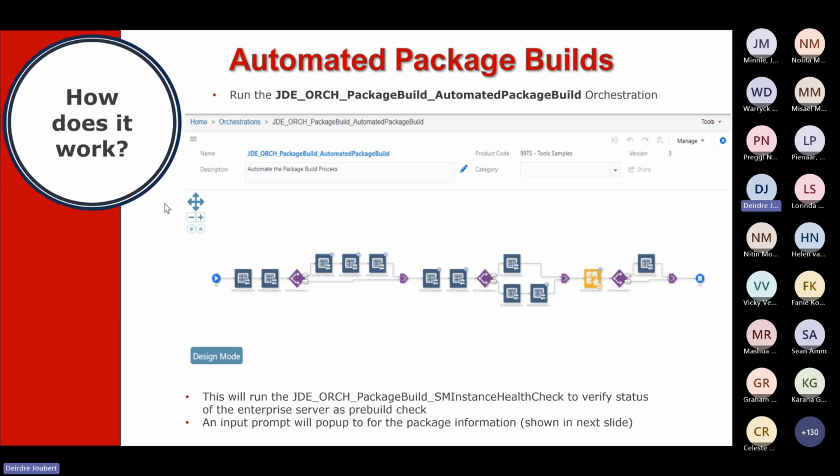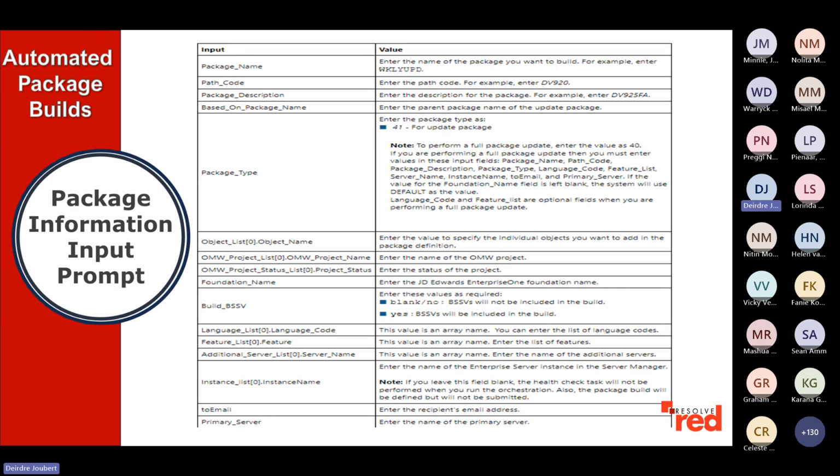You'll get a form pop-up where you need to fill in some information relating to your build. This information could be package name, path code, OMW project, as well as the emailing list. And some of this detail could be default detail, so it could be pre-populated with just a little tweak here and there.